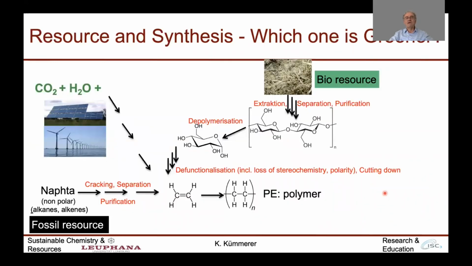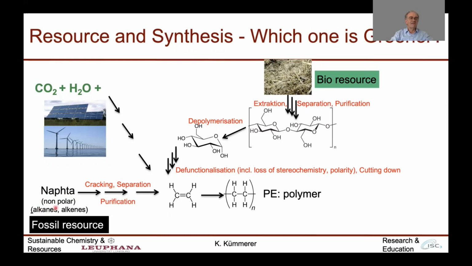This also applies to renewable resources and synthesis. If we want to go for polyethylene, the polymer, we need to have ethylene. And we can start from the fossil resource, nowadays heavily under discussion. The fossil resource, mineral oil, a fraction of it, called naphtha, is a mixture of non-polar hydrocarbons, as you know from organic chemistry.